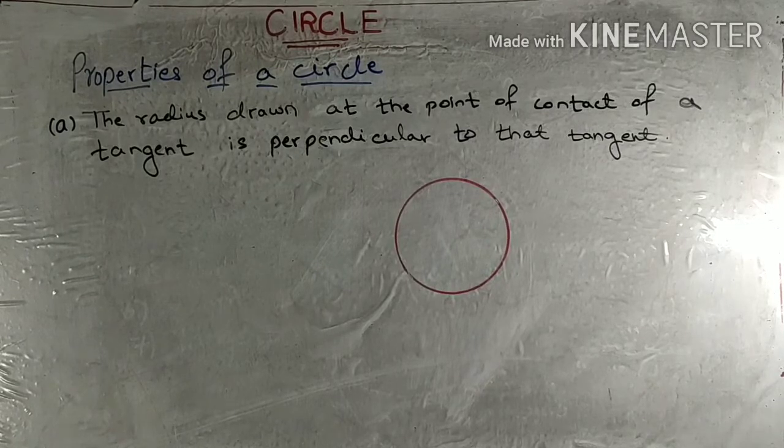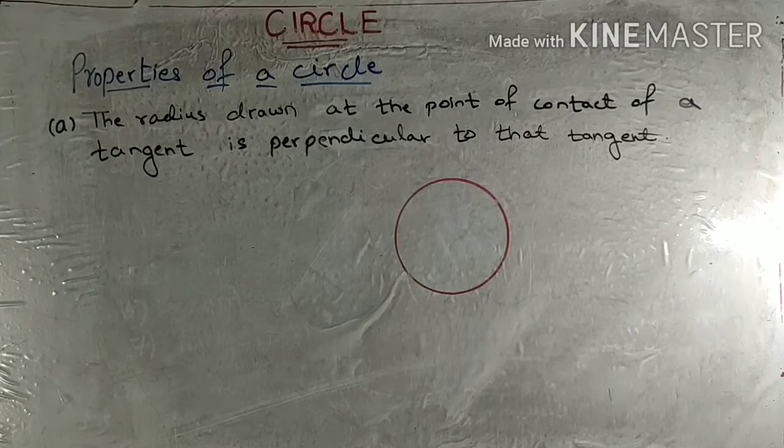The radius drawn at the point of contact of a tangent is perpendicular to the tangent.